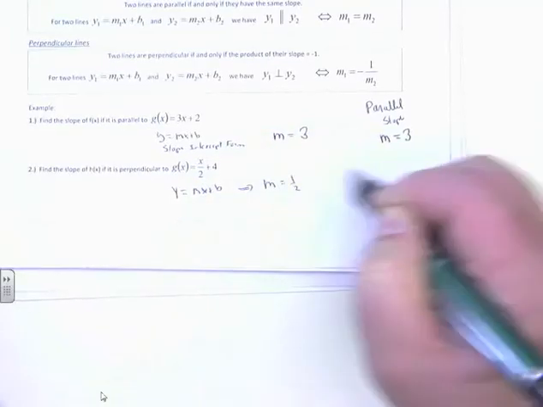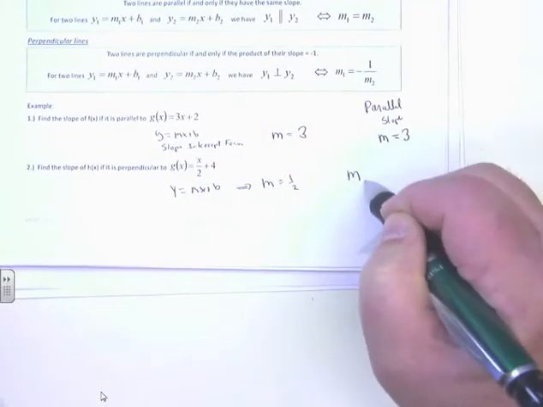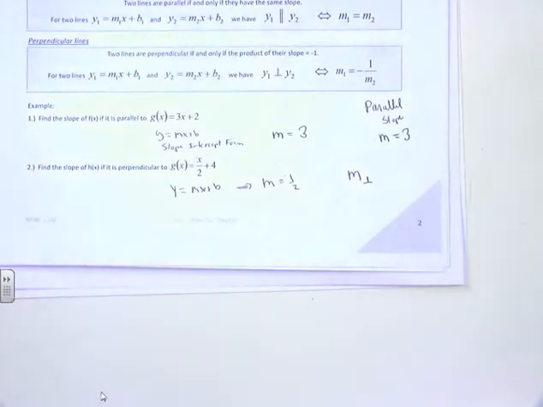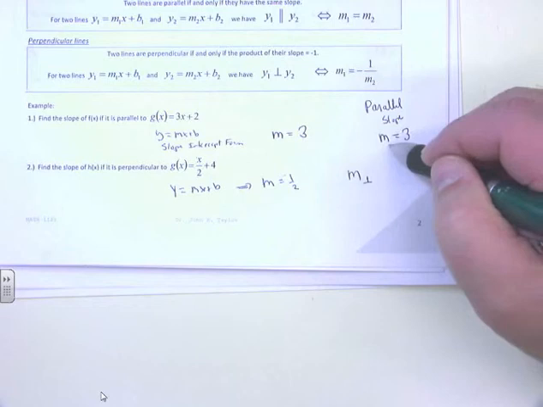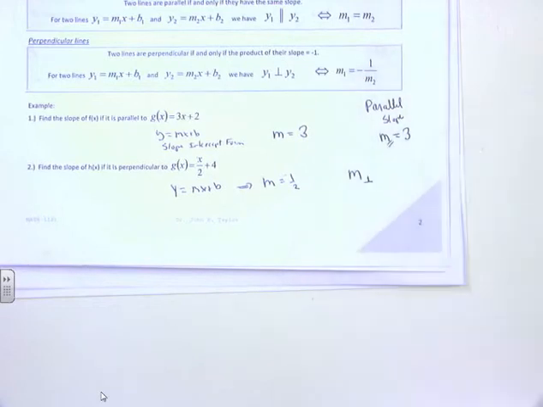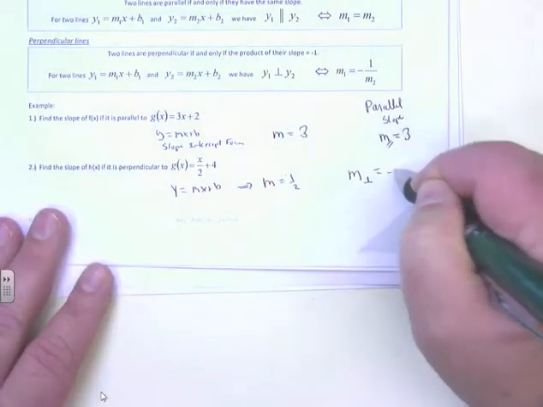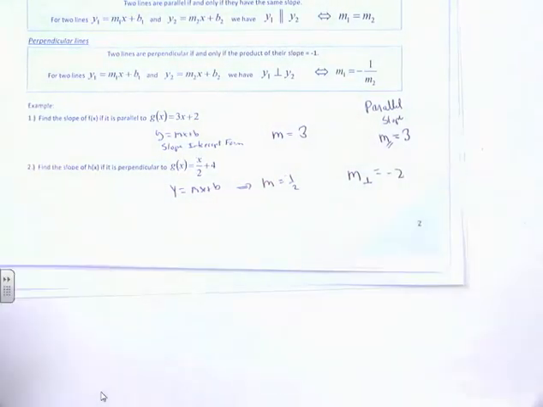What does that make my perpendicular slope? Now, the international symbol for perpendicular is an upside down T. The international symbol for parallel is two parallel lines. All right, so what's the perpendicular slope going to be? Very good. Flip the fraction, change the sign. Does that make sense? All right.